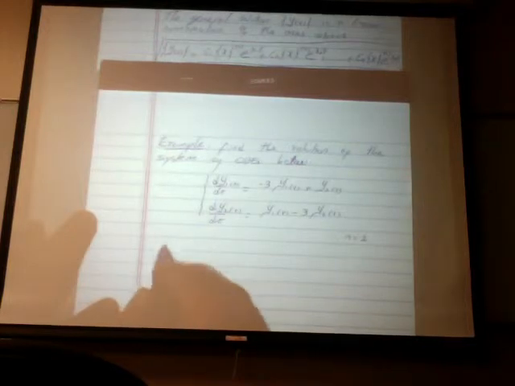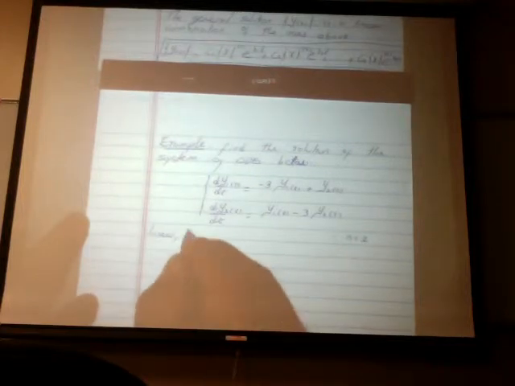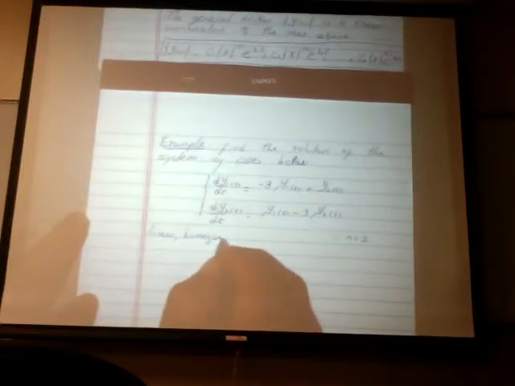So this is linear. As you can see, none of the y's are multiplying each other. They're not squared, cubed, or in a square root. None of the derivatives are multiplying anybody. Linear. It is homogeneous. We don't see any independent terms.